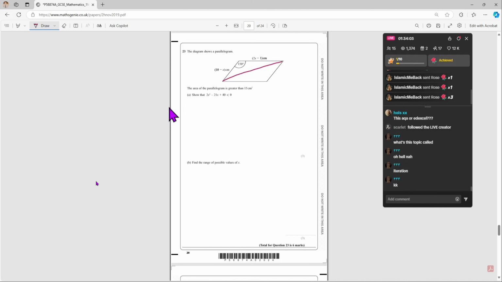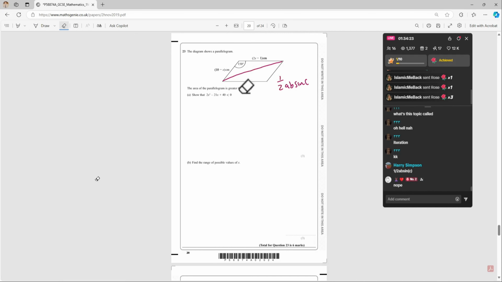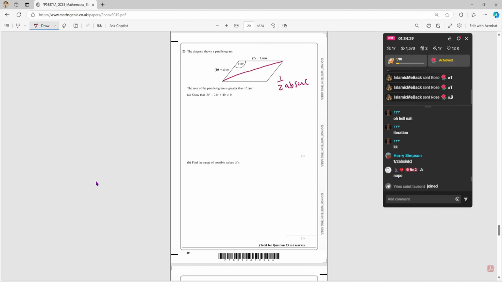So who knows what the formula is, guys? The formula is half times ab sine C. That is the formula you need to know for the area of the triangle. That is when you do not know the perpendicular height or the base. That's the only time we use this formula.